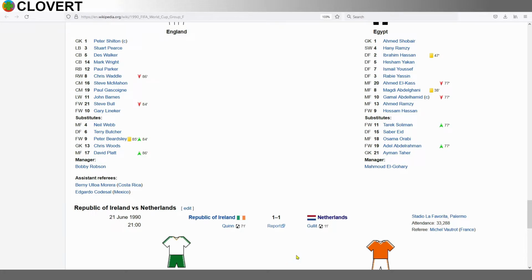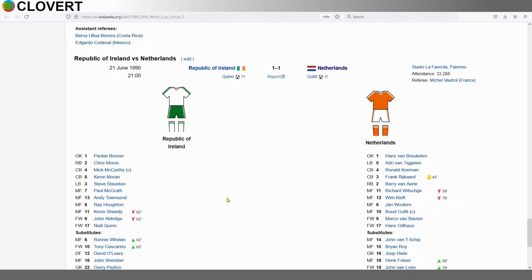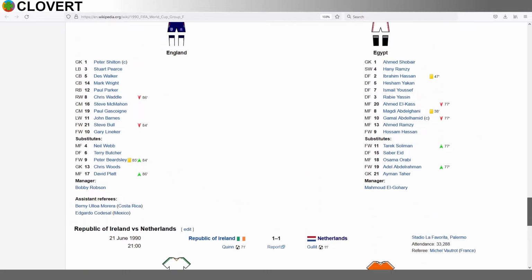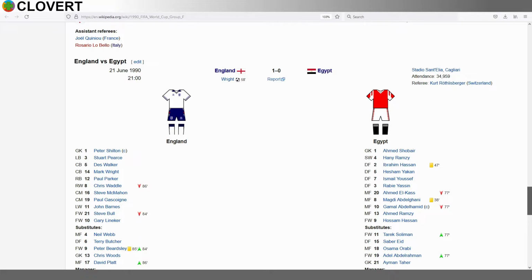Both sides would qualify. And that's how the game ended. But after Niall Quinn scored, the 2 captains, Mick McCarthy and Ruud Gullit, had a little bit of a conversation. And then you could see some of the other players having a conversation. And basically that game ended after 71 minutes because the teams more or less stopped playing. And as long as England would win, then that would be it.